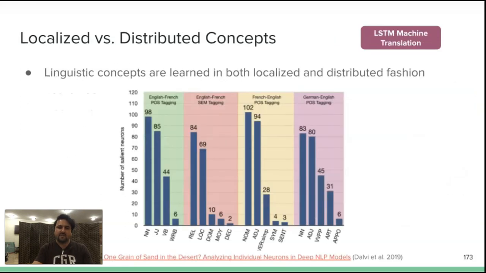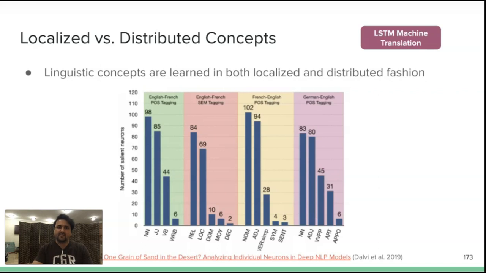Work done on representation analysis has shown that core linguistic tasks such as morphology or syntax are captured within deep neural networks. Dalvi et al. carried out a more fine-grained analysis and discovered neurons related to each class within these tasks. For example, neurons related to nouns, adverbs, adjectives in part-of-speech tagging, or neurons related to location or events in the semantic tagging.